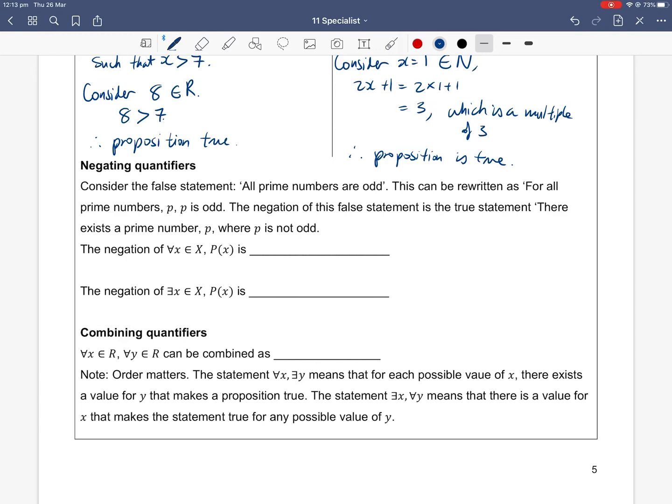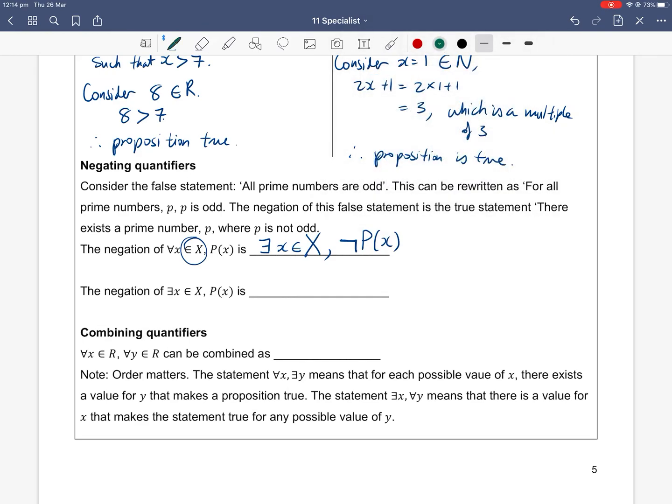So the negation of for all is there exists. The opposite of for all is there exists a value x in our domain of interest, big X, where not p, remember that little sideways L means not, of that statement.